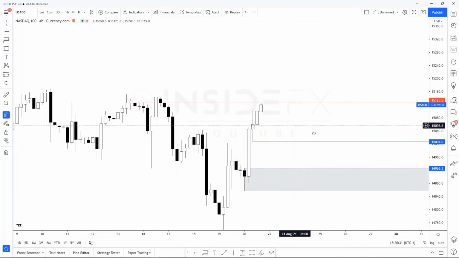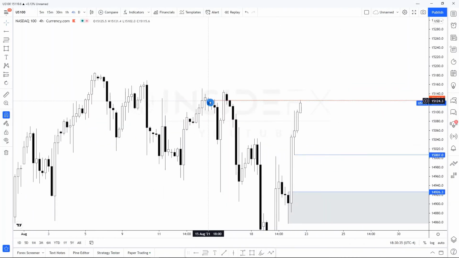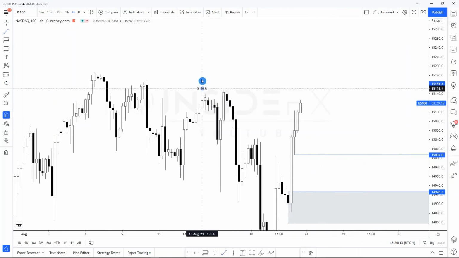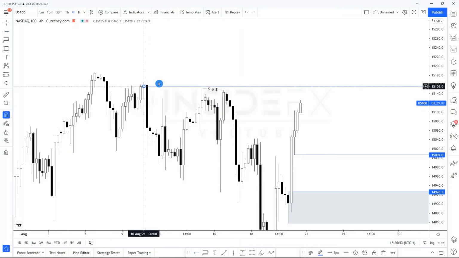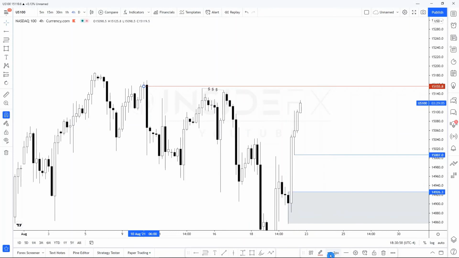So I'm just going to refine this 4-hour because we do have somewhat of equal highs right here that price might just tap into and retrace lower. Let's mark out this potential resistance, which is your bearish order block right there.